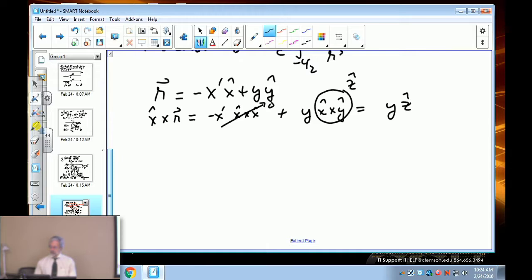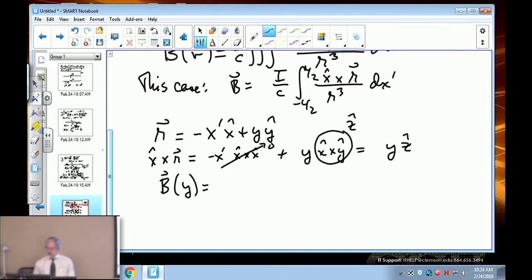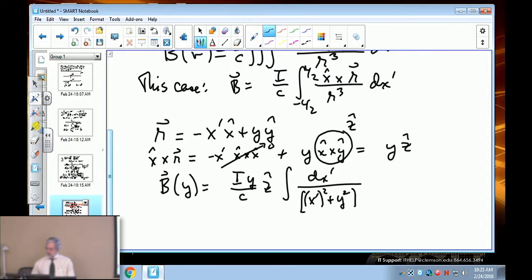And then B is going to be in the z direction and depend only on y. So it is I y over c z hat, and then we have an easier integral to do.